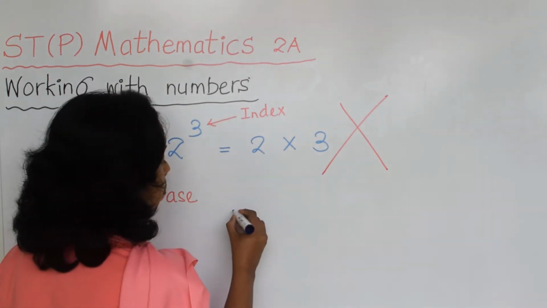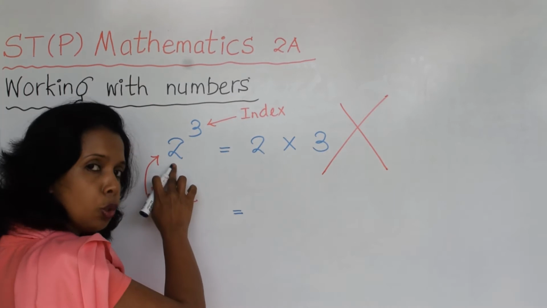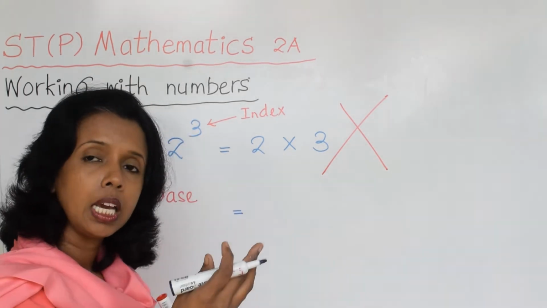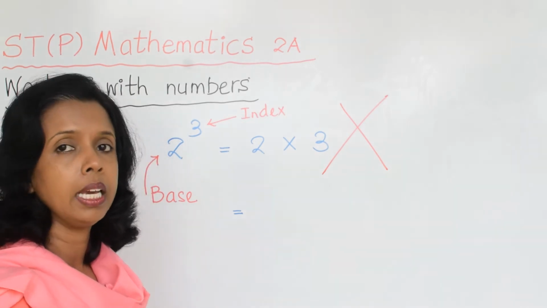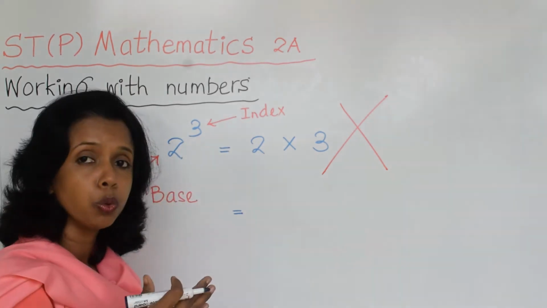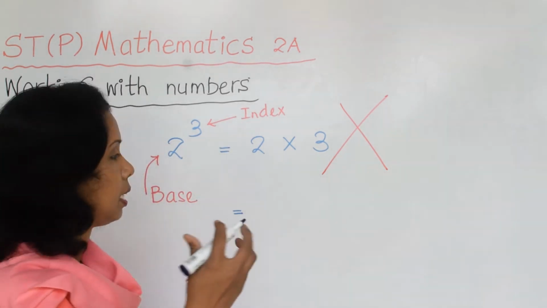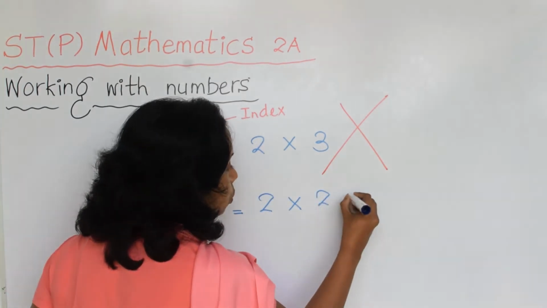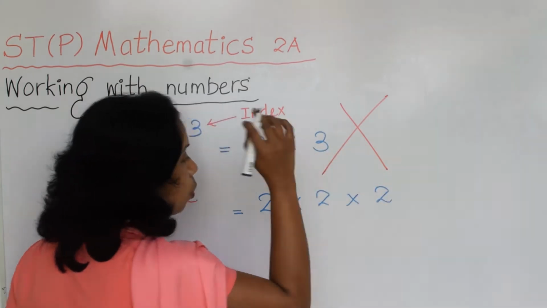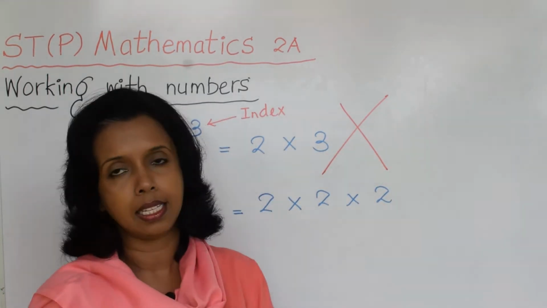So what does that mean, children? Base is 2, index is 3. This 3 tells you to multiply the base value 2, 3 times. It's like this: 2 times 2 times 2. Hope you can understand this.